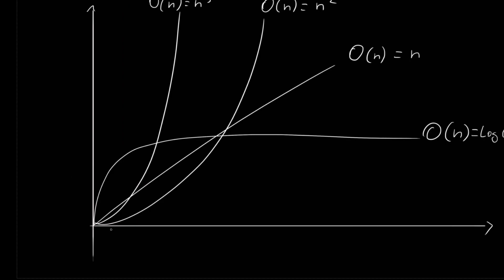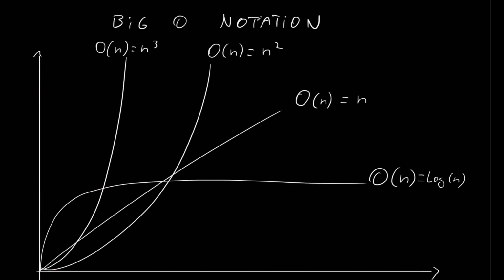So do not focus on the specific numbers on this graph. What matters is how the complexity scales as the data input scales. Okay? That's also why in the big O notation, we never use constants.